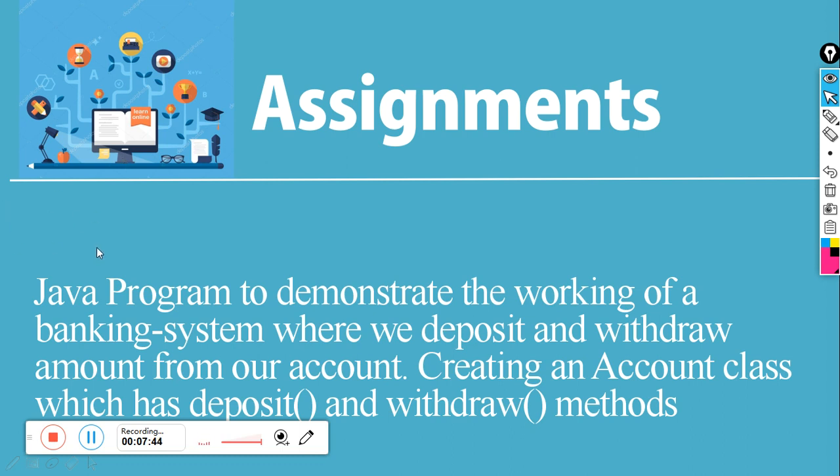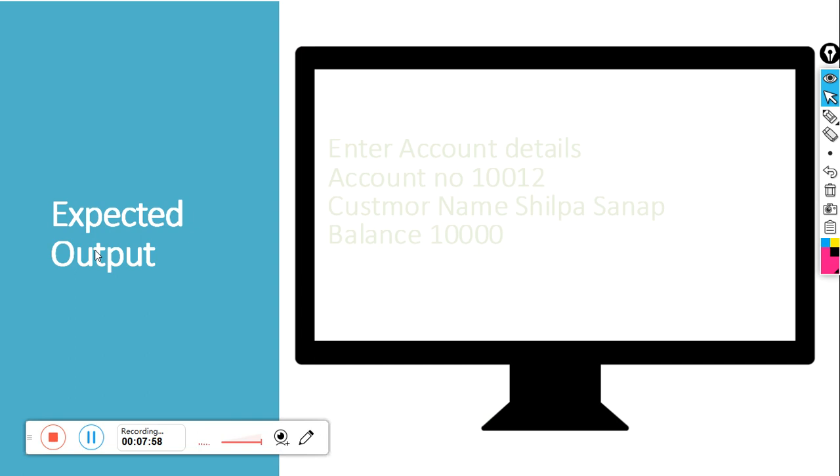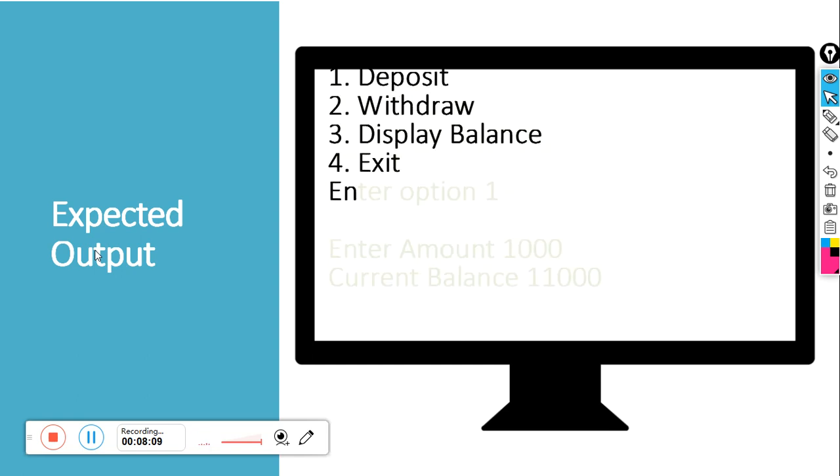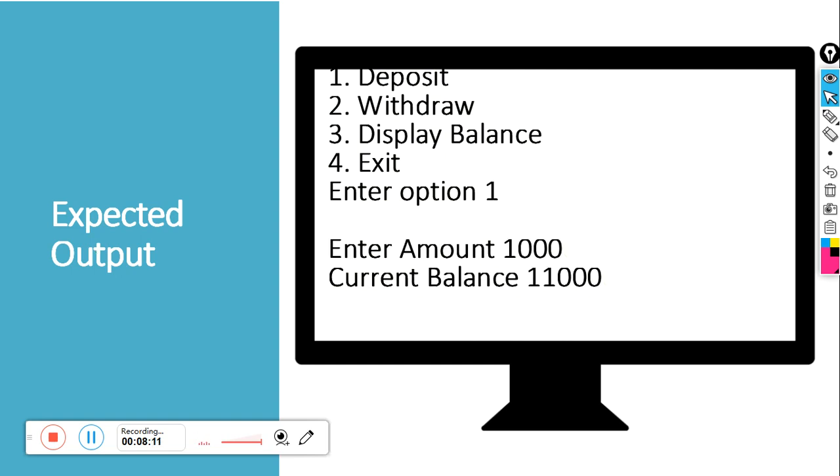Now let us have a look at the assignment that you need to carry out on this. We have discussed the state, behavior, the syntax, and all those things about classes and objects. Now with this much knowledge, you are going to create an assignment wherein we are going to have a bank account class, and for this you are going to implement the deposit and withdraw methods. Let me tell you the expected output for this assignment. You are going to ask the user to enter account number, customer name, and balance, and once the user enters this information, in the next half, you are going to give 4 choices to the user, namely deposit, withdraw, display balance, and exit.